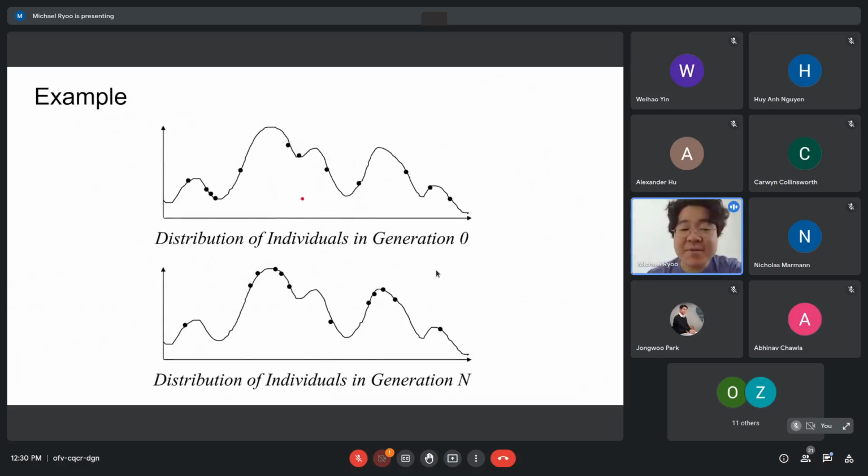Here is an example. These dots are individuals. The Y-axis is the score. The X-axis is the parameter you are trying to optimize, so this is a one parameter optimization. If the distribution was something like this, what you are likely to do is mutate individuals which are higher than the others.